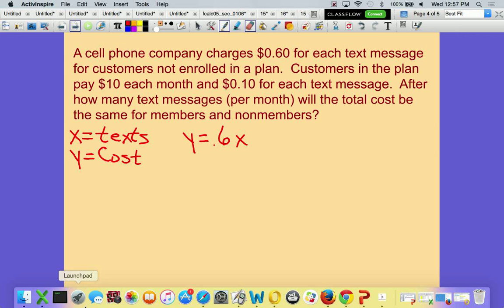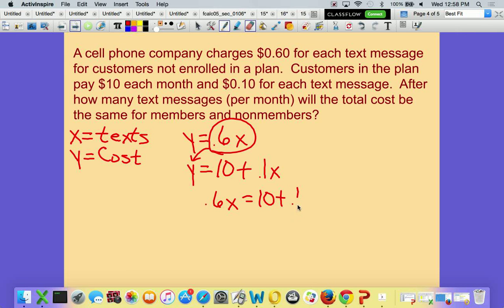If we go to our next one, customers in the plan pay $10 each month and 10 cents for each text message. So, total cost equals $10 plus, they're paying $10 no matter how many texts they send every month, but then it's 0.1 times the number of texts. Well, you could graph these out if you wanted to, or because these are both set equal to y, we can just roll that right in there for y. 0.6x equals 10 plus 0.1x.